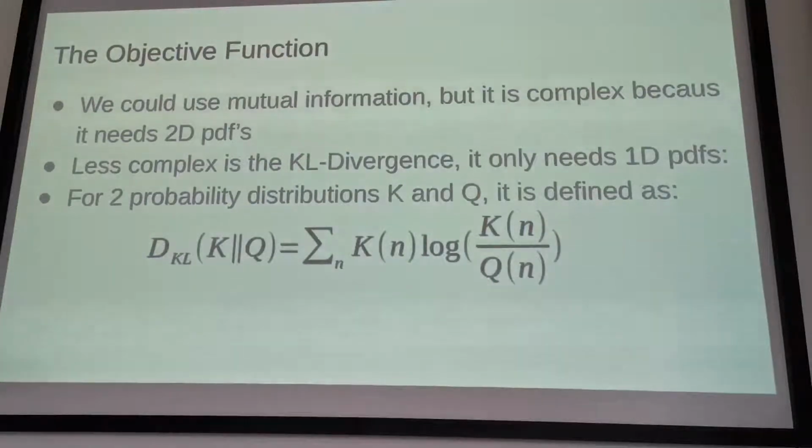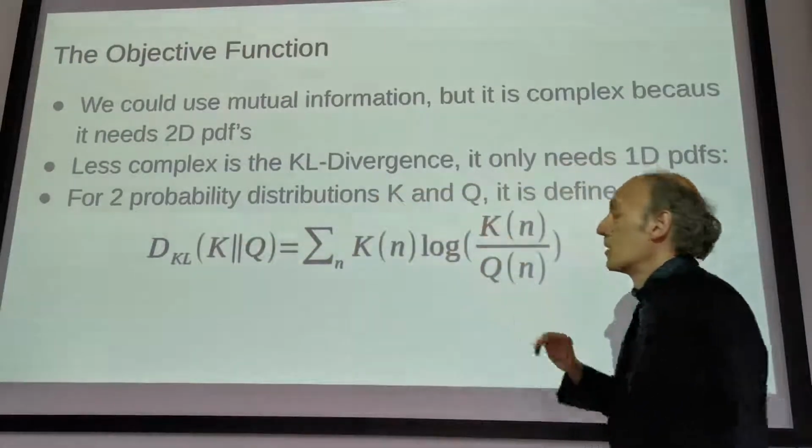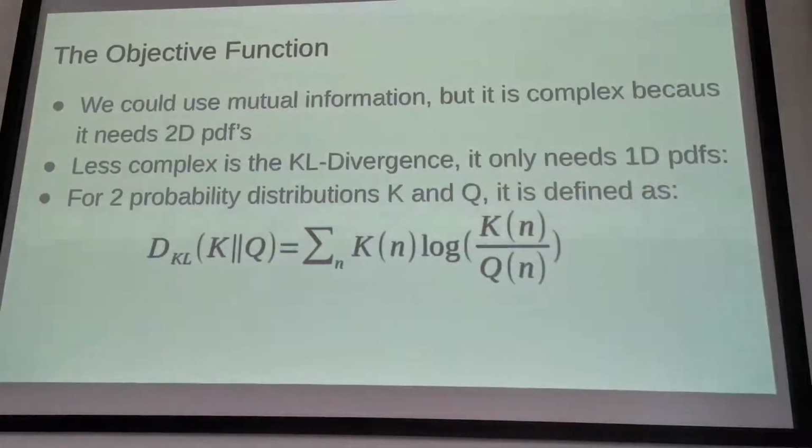And then this divergence gives you an indication how much extra information you need because of the wrong probability distribution. Right. So here, this gets larger when you have more different signals. And mutual information gets smaller when you have more different signals. KL divergence is getting larger when you have more different signals.